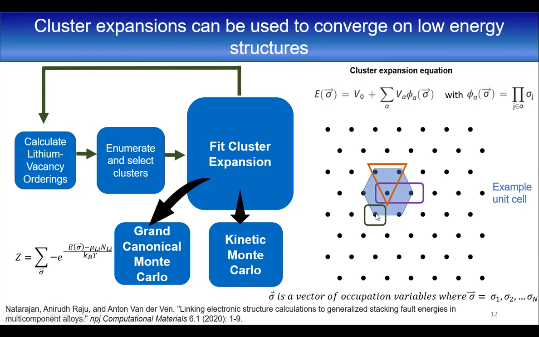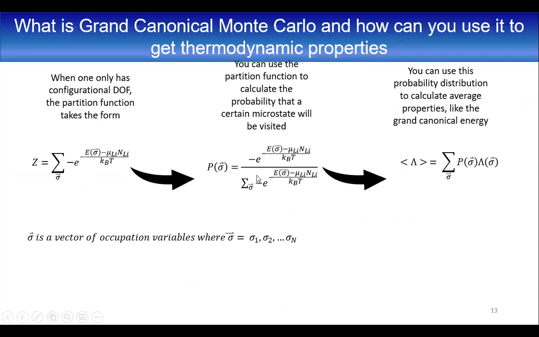You take the probability of this particular microstate, or this particular site occupancy where you have a particular ordering, and you divide that by the sum of all of the different orderings that are possible in the system.